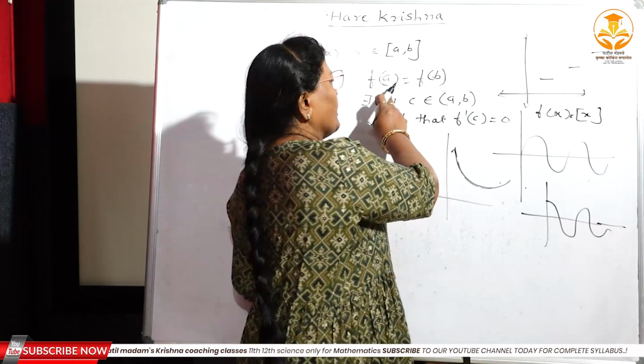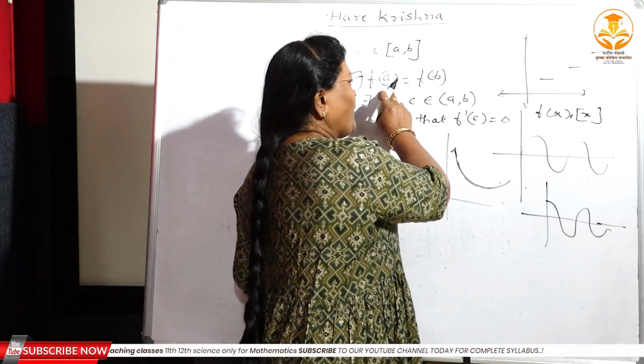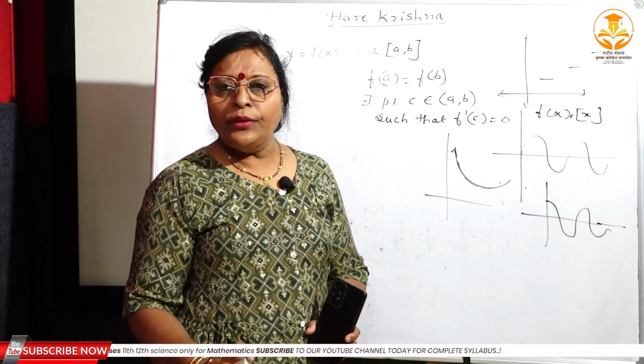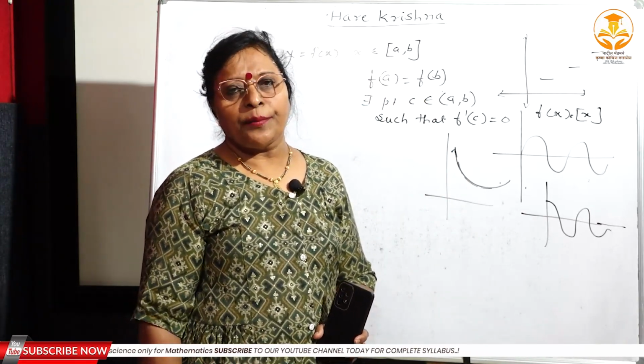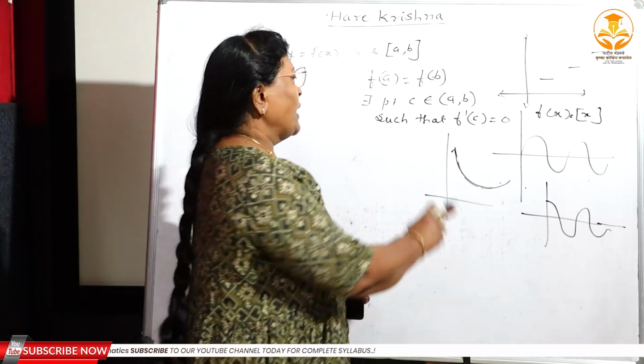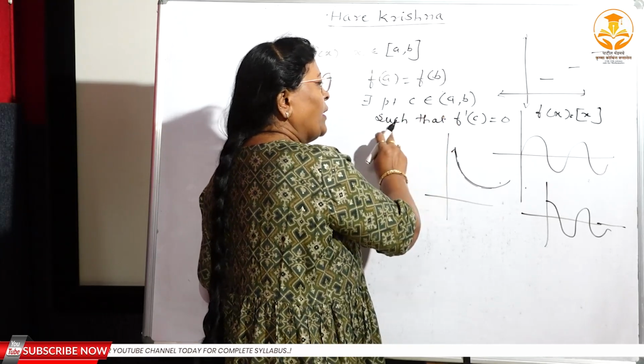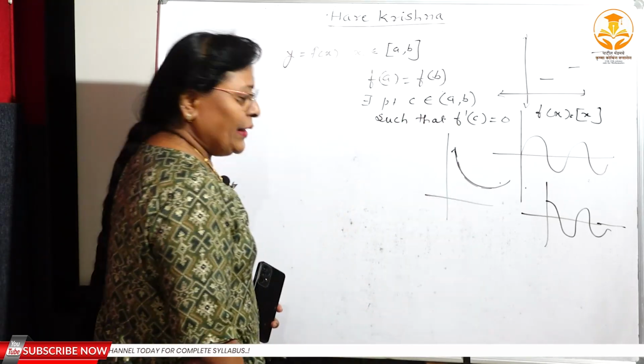Only the third condition is very important, that is f of a is equal to f of b. If f of a is equal to f of b, then and only then the conditions of Rolle's theorem get satisfied. And once the conditions are satisfied, then there exists a point c belonging to a comma b such that f dash c is equal to 0.